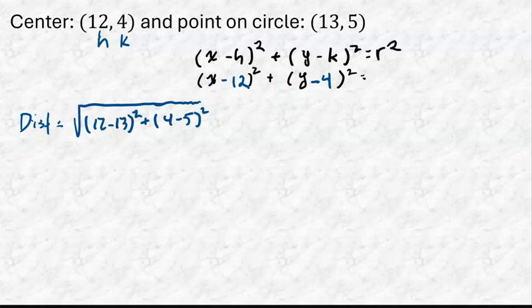I am going to use the Pythagorean Theorem here because it is my absolute favorite thing to do ever. So, how many times am I going to count from 12 to 13? From 12 to 13, I count 1 time, so that's 1 squared. How many times do I count from 4 to 5? I also count 1 time, so that is also 1 squared.